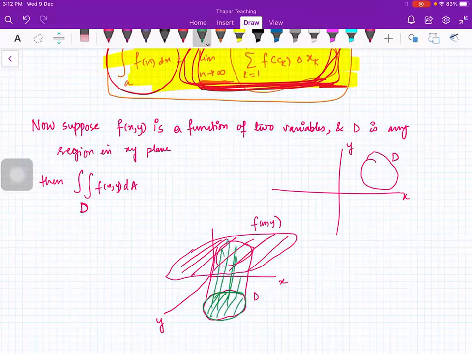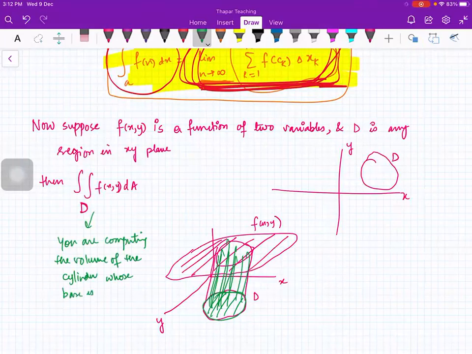So somehow you are computing the volume of the cylinder whose base is the region D and height is not constant, it is f(x,y). Is that clear to everybody?